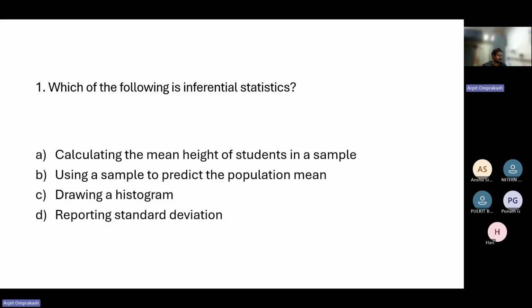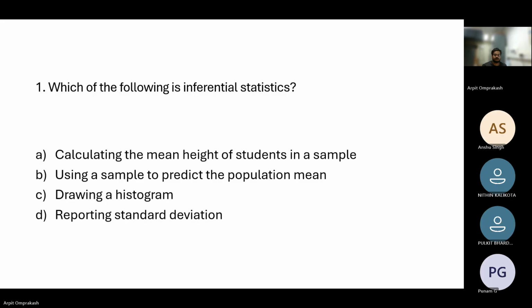Okay, so someone is saying drawing a histogram. Does anyone have any alternate answer? Okay, so we talked about two kinds of statistics.